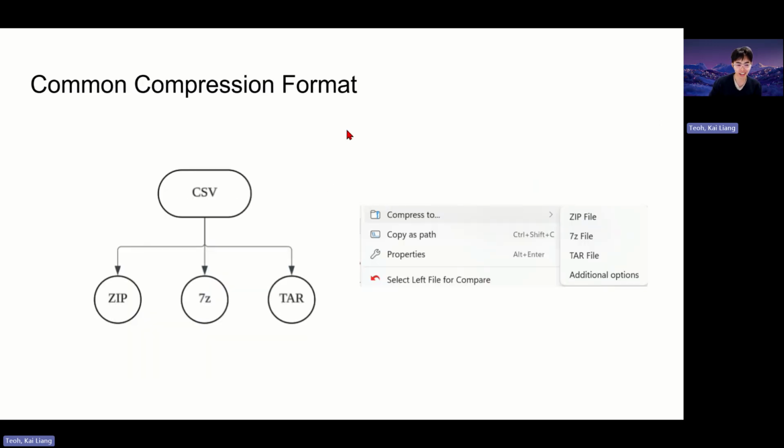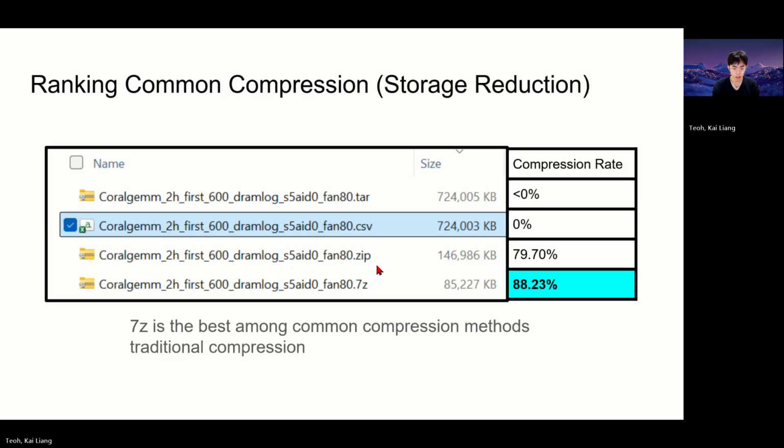Okay, the common compression formats you can see over here on the screen. If you know how to use a laptop, you can just right click on a file and click compress to. These are the choices that appear, which are zip, 7z, and tar. I want to focus on tar a little bit, because this is the only moment I'll be focusing on it.